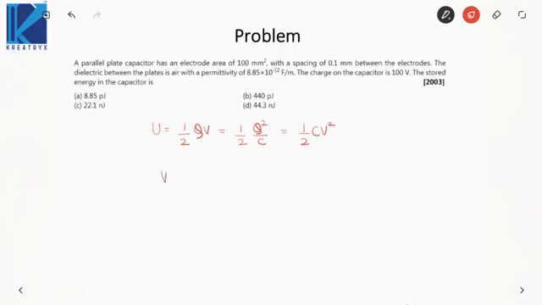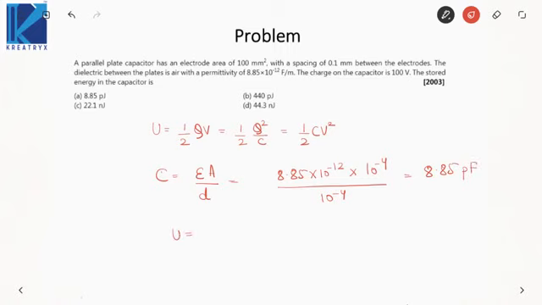Here I know the charge, so it is better that I find the capacitance. For a parallel plate, capacitance is epsilon A by D. Epsilon is given to me, 8.85 into 10 to the power minus 12. Area 100 millimeter square, that is 10 to the power minus 4. D is 10 to the power minus 4. So capacitance is 8.85 picofarad.